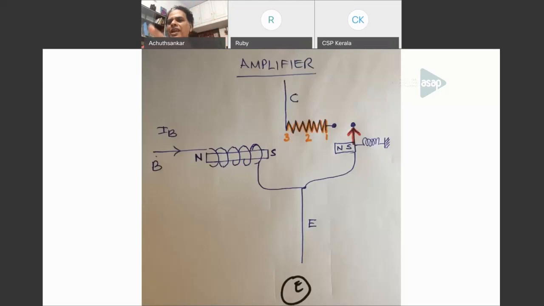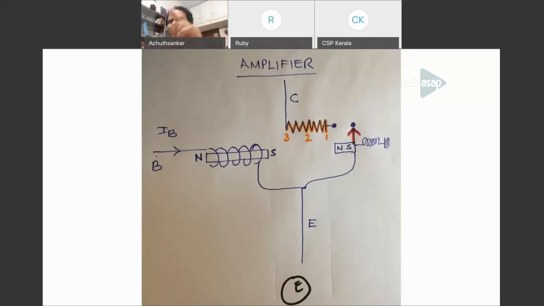When resistance is like this, if there is a fixed battery in the collector emitter circuit, that will produce a current like this. Because when resistance is low, the current will be high. When the resistance is high, the current will be low. That means your base current signal is reflected in the collector emitter circuit. That is the idea, because of the resistance variation, which is in inverse proportion to the base current.